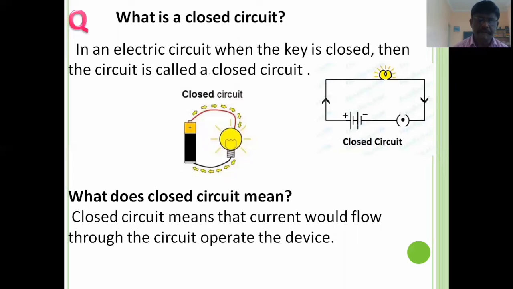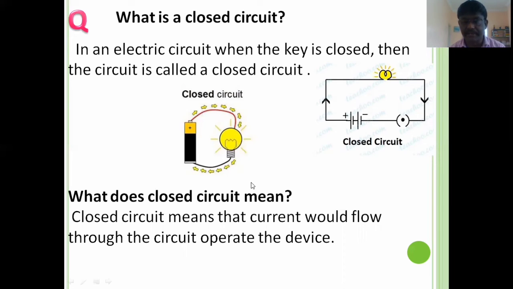Now, what is a closed circuit? In an electric circuit, when the key is closed, see here, when the key is closed, then the circuit is called a closed circuit. This is a cell, bulb connected by conducting wires. These arrow marks indicate the flow of what?